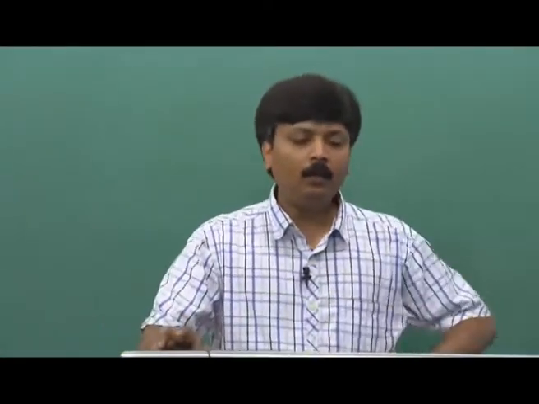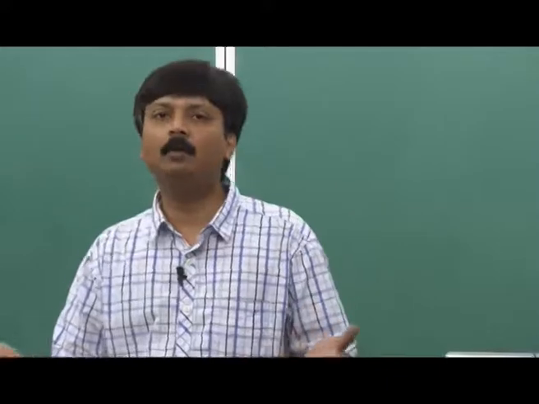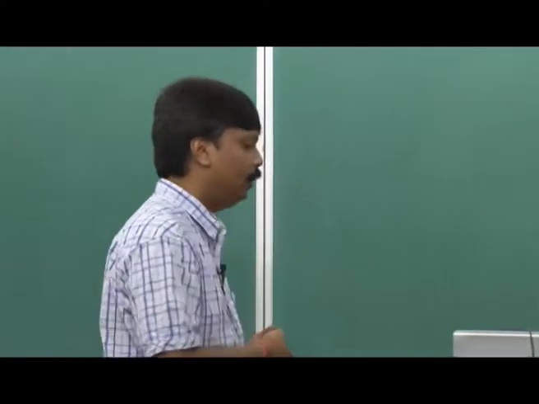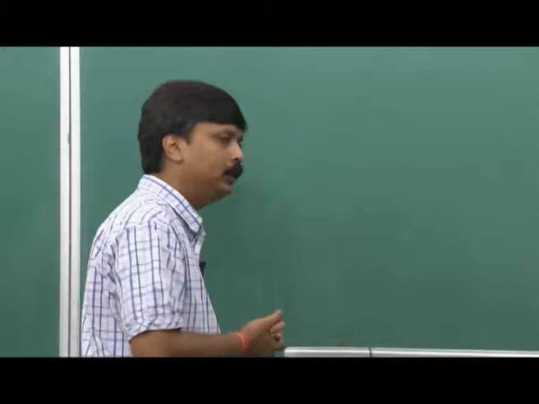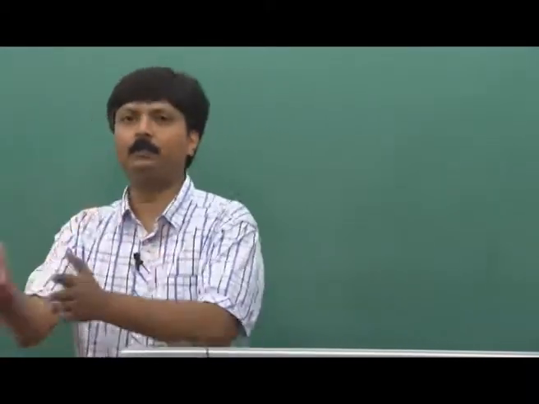So let's have a look at certain objects and try to see if we can say something about their symmetry. Are they symmetric to us, or do we not find any symmetry in those structures, or can we say this is more symmetric than the other?